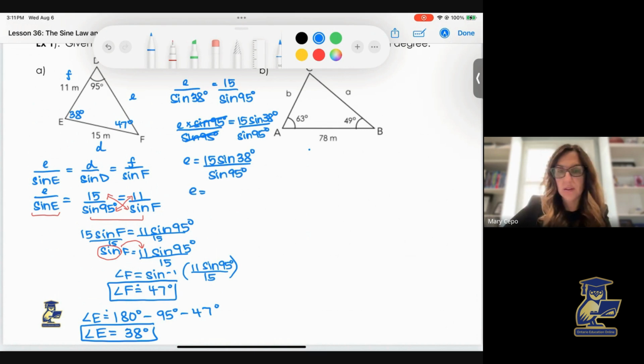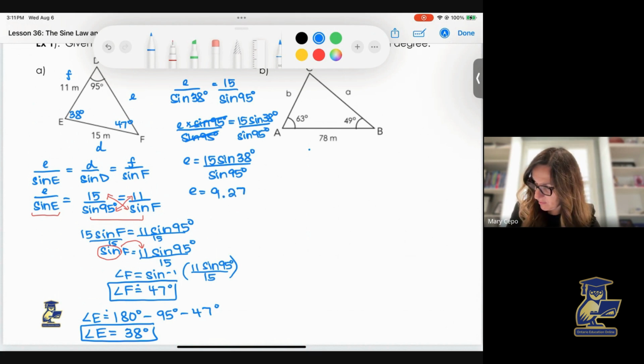Okay, when you're inputting this into your calculator, it's best to put brackets around your numerator, 15 sine 38, close bracket, and divided by bracket sine of 95. So you get 9.27, but we're rounding to the nearest meter in this case, which would be about 9 meters.